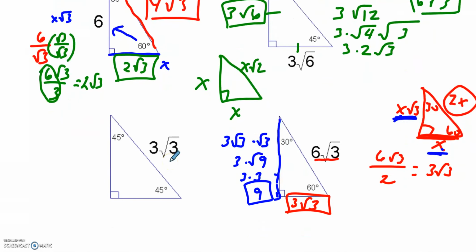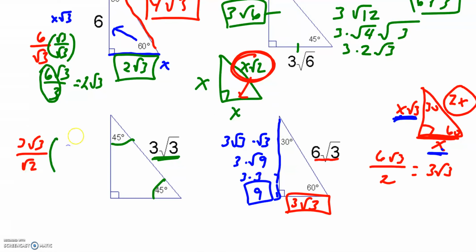In this example, I am again given a 45, 45, 90 triangle, but this time, oddly, I'm not given something with root 2, I'm given something with root 3. But nonetheless, I know that my relationship is that I gave you this side. And if we want to get from here to here, we have to divide by root 2. So I would take my 3 root 3 and divide that by root 2. Unfortunately, we would have to rationalize again.